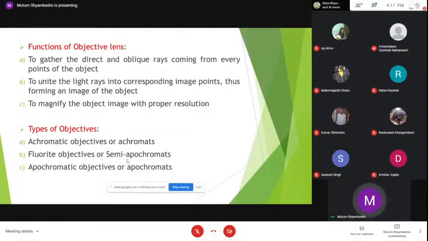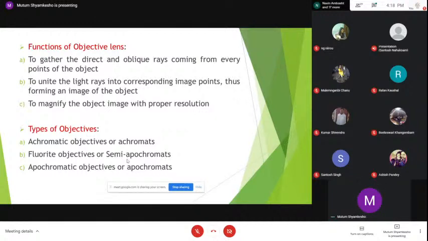This chromatic aberration is a result of the fact that when white light is transmitted by a glass lens, the light rays having different colors, starting from violet to red, are not focused at the same point.